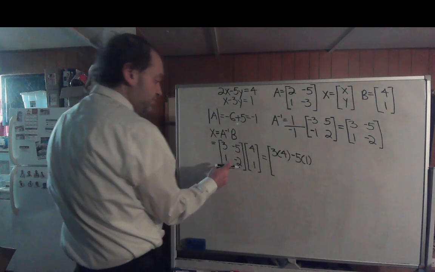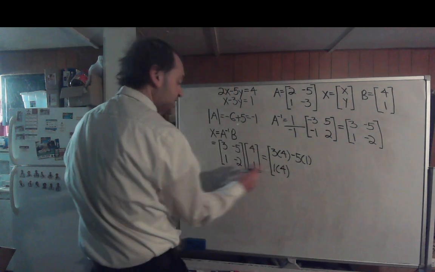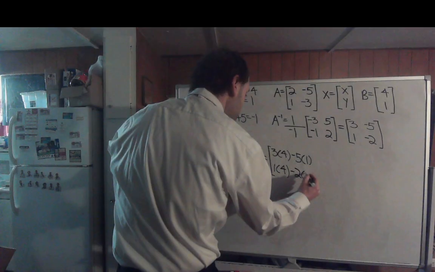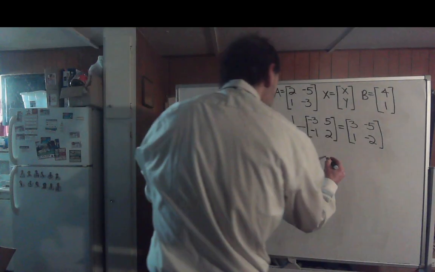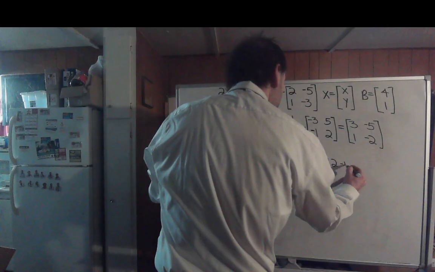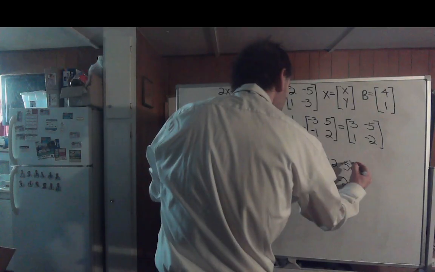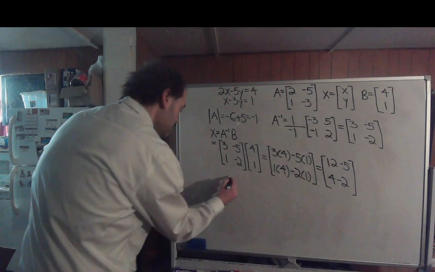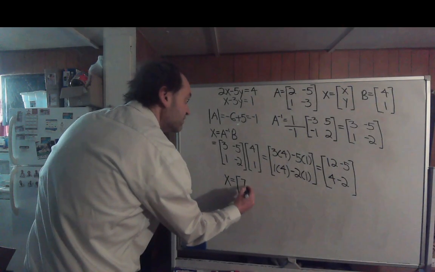Then for the second row, you'll take 1 times 4 minus 2 times 1, which would end up, of course, giving you 12 minus 5, and then 4 minus 2, which means your X matrix is going to have entries of 7 and 2.